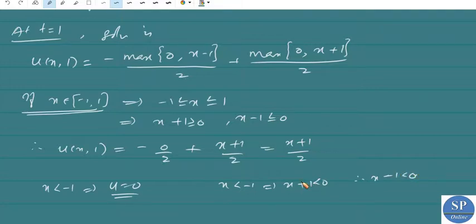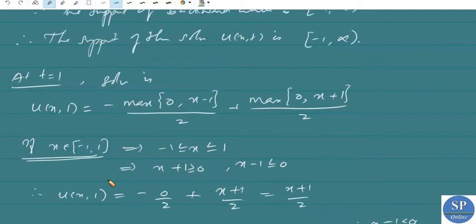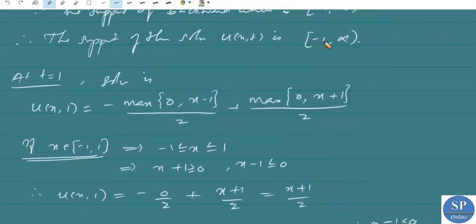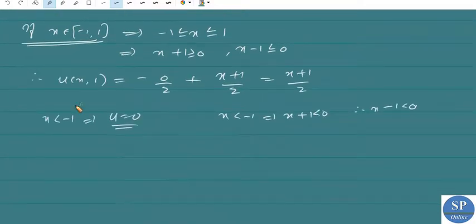So x plus 1 less than 0 implies the maximum of this is 0, and x minus 1 less than 0 implies the maximum of this term is 0. So u equals 0. Or directly from the support of u, we know the support is minus 1 to infinity, so x less than minus 1 implies u equals 0. The non-zero value is only for x between minus 1 and infinity. So we have u equals 0 if x is less than minus 1.